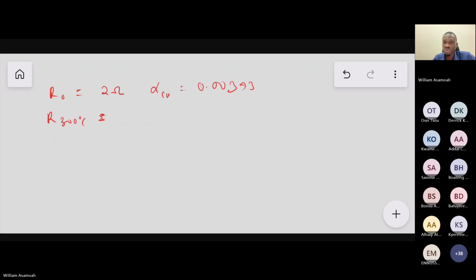Okay. So yeah, what is the resistance? What will it be?